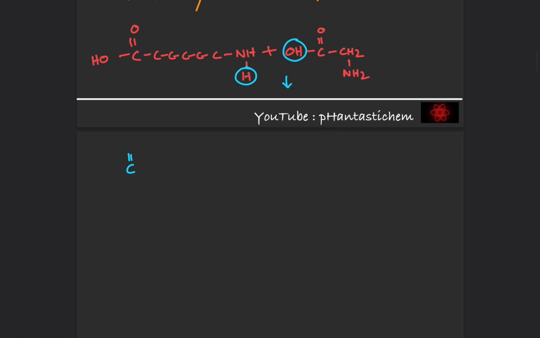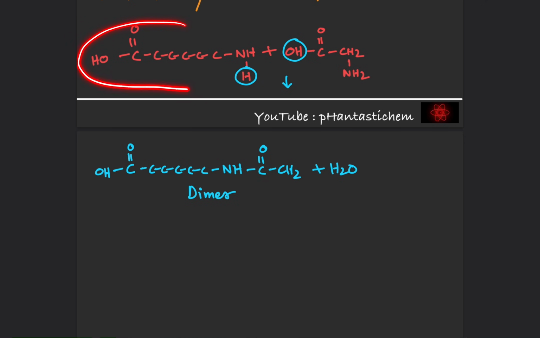So we will have C double bond O, OH, and 1, 2, 3, 4, 5, and NH bond with C double bond O, CH2, and obviously a molecule of water. Okay, so this is the dimer that I was talking about. So you can see two molecules, that is one molecule of Y and one molecule of X, combine with loss of one molecule of water.